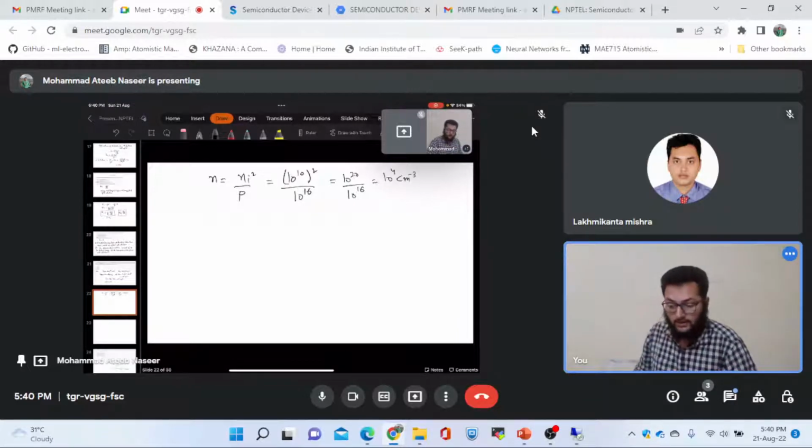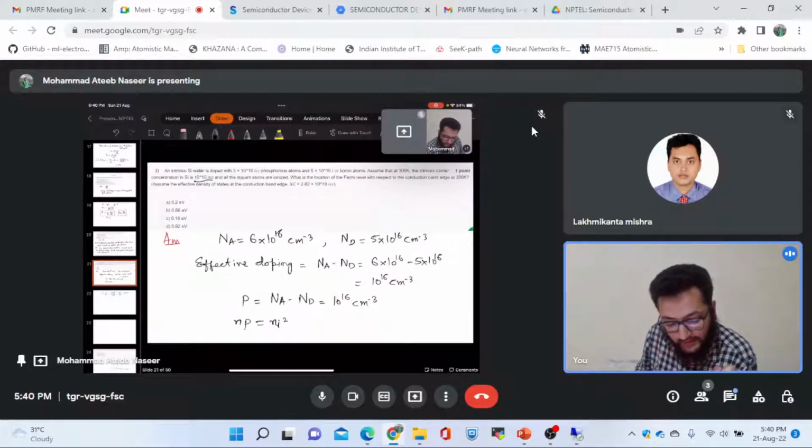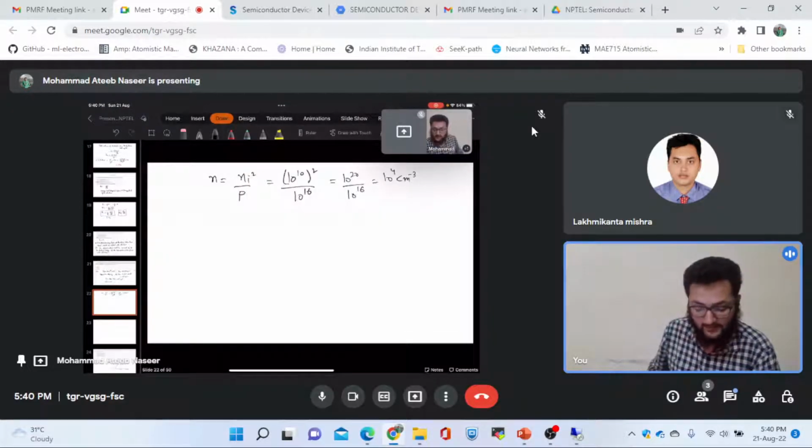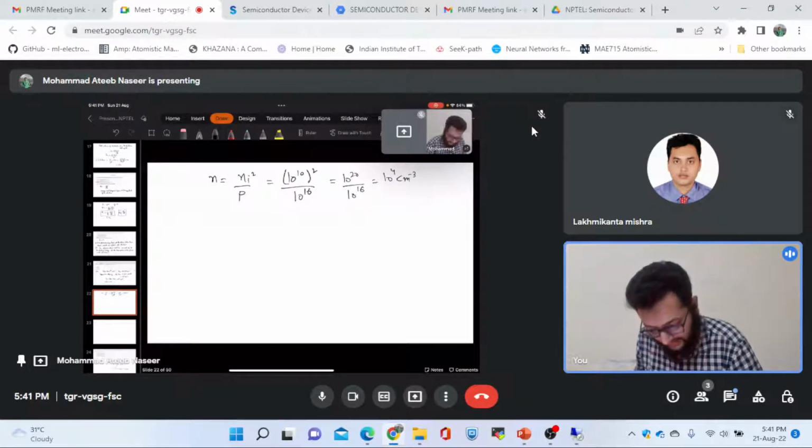Now, why we went for this electron concentration: because we were told to find the Fermi level with respect to the conduction band edge. That's all. So we know, as seen in the lectures, the relation is simple.